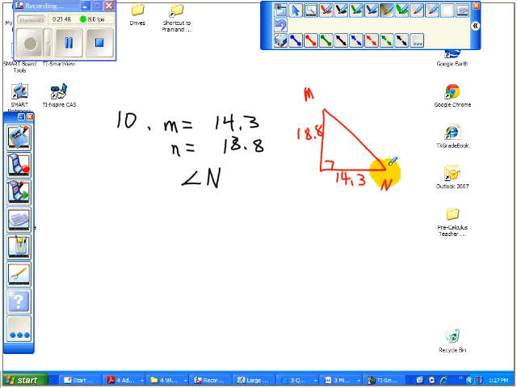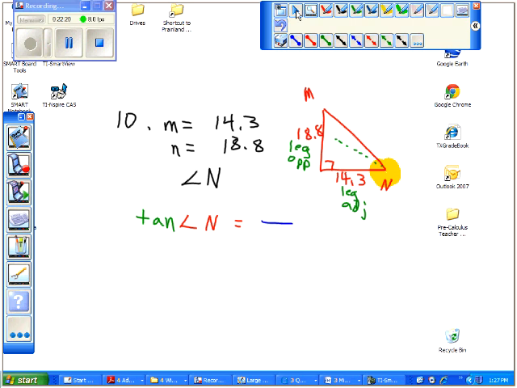The angle we're looking for. And so the first thing we would write down is angle n. And then we would see how the sides given are related. The 18 is the leg opposite. The 14 is the leg adjacent. Leg opposite, leg adjacent is tangent. So that tells us we're using the tangent ratio. Understand that?